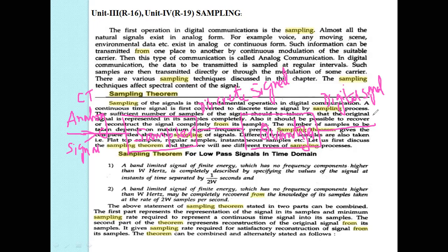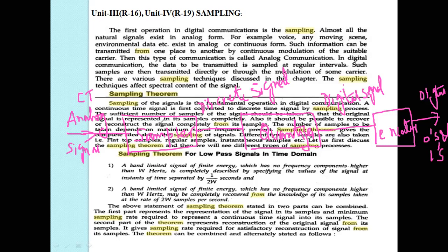Okay, and this data is encoded by the digital data encoder. Finally, we'll get the digital signal in terms of zeros and ones.